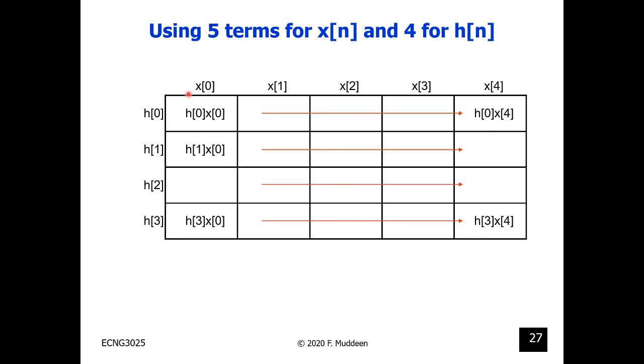Now note, because we're using this table, we didn't need to flip the h signal. We could keep the sequence of the h signal as it is and still produce this. This table is the convolution table you want to use when doing any sort of convolution.